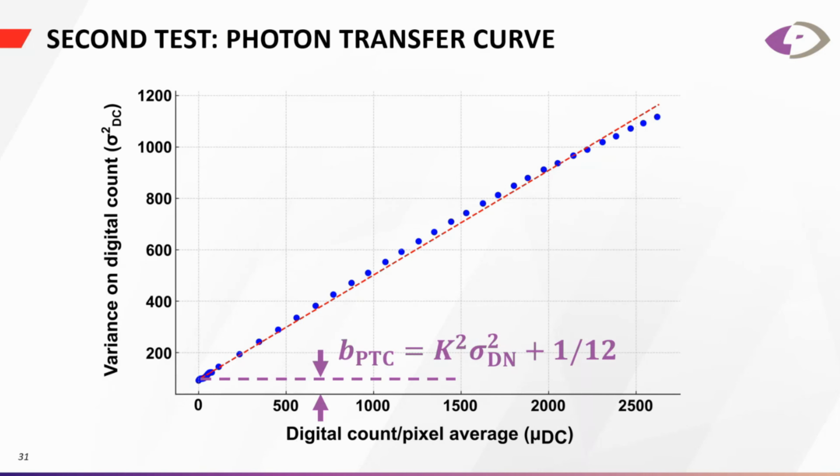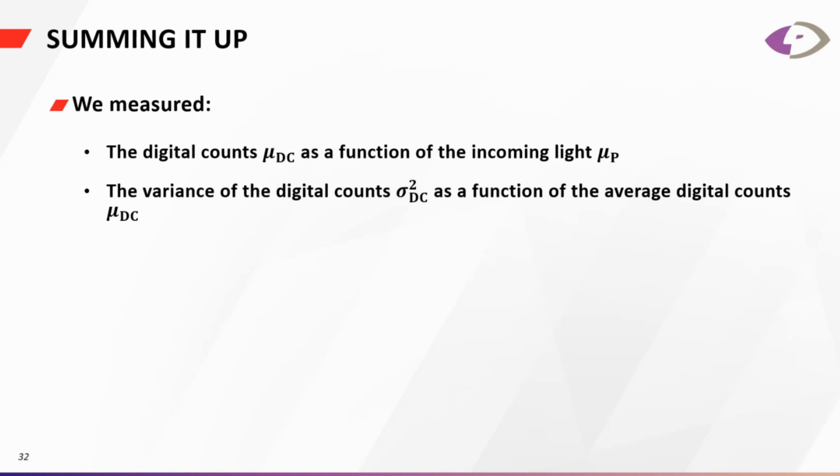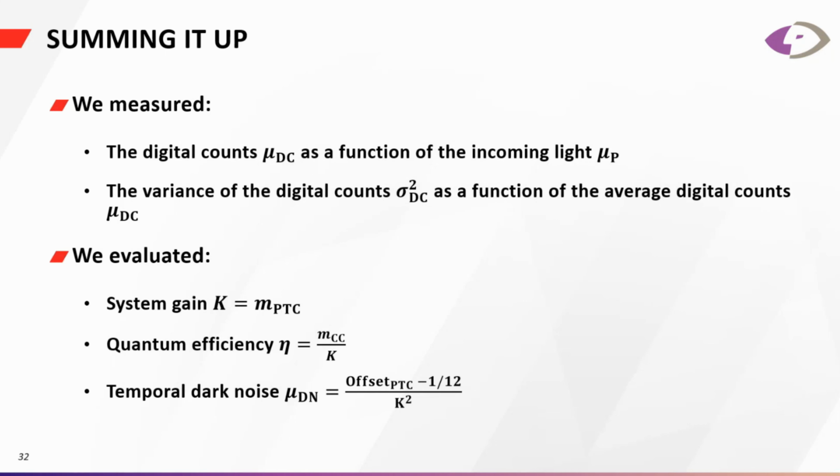Let's sum everything up. We measured the digital counts as a function of the incoming light, and we measured the variance of those digital counts as a function of the average digital counts. And then we use those to evaluate the system gain, which is just the slope of the photon transfer curve. We evaluated the quantum efficiency, which is the slope of the characteristic curve divided by the system gain.